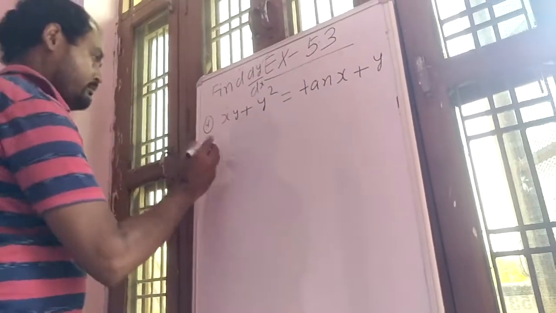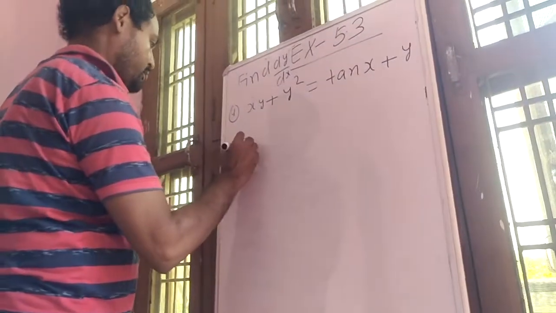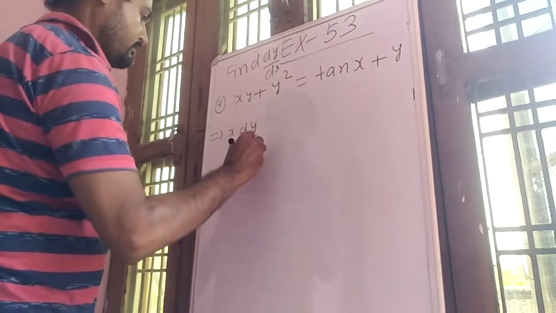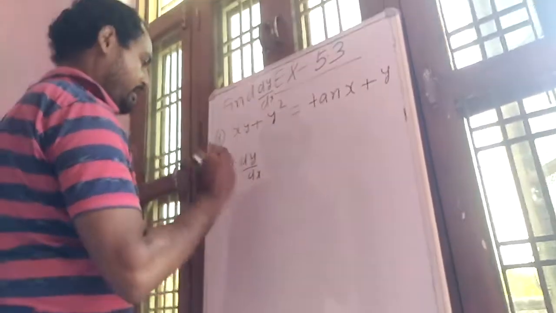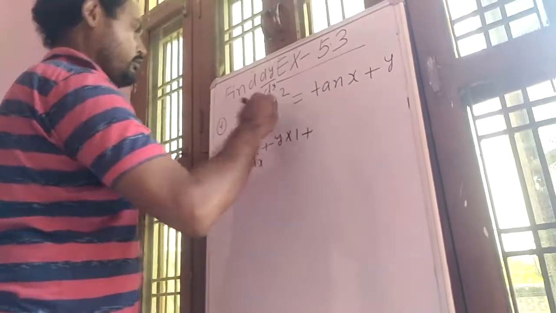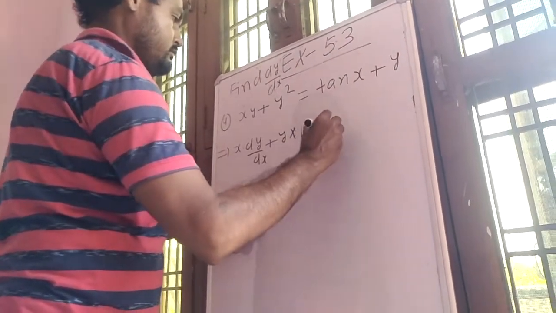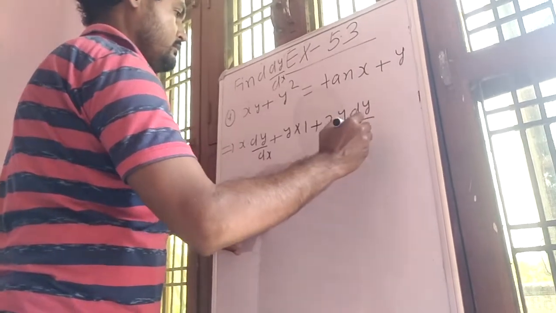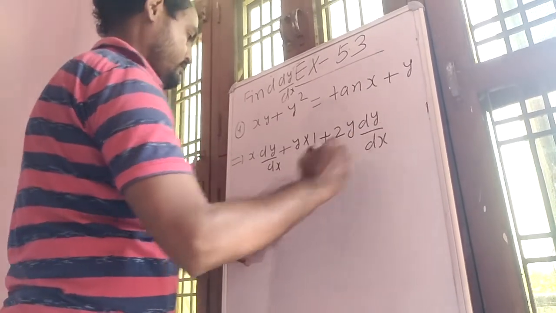This is in product form, so x into dy/dx, this is in product form u and v, plus y into 1, plus y² gives 2y into dy/dx.